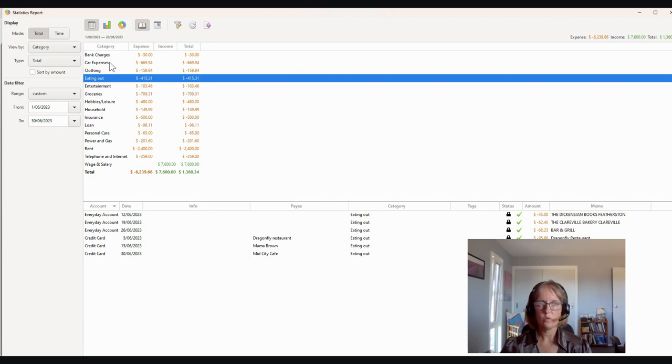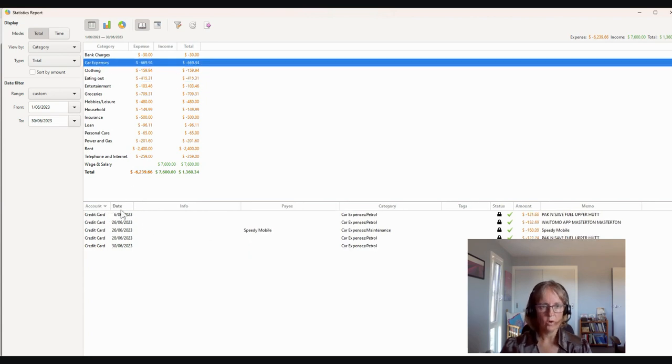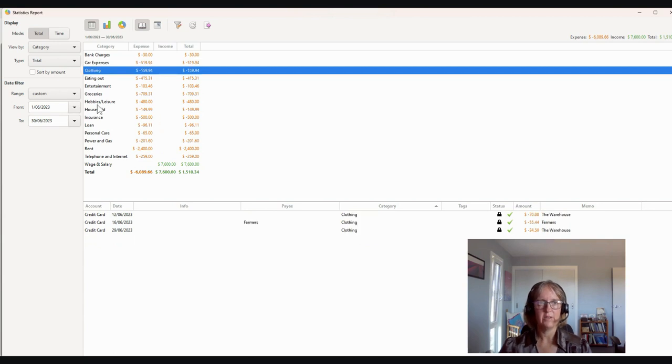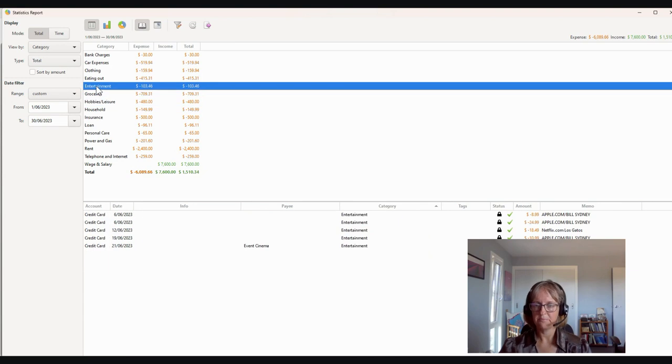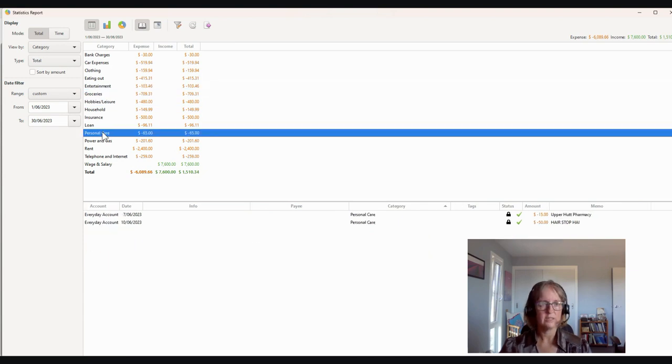And then you can also look at the dates. You can sort it by date from the earliest date in the month to the last date. You can sort by category. So you can say, okay, I want to just look at everything that's petrol, and then there was a bit of maintenance, a one-off incident that happened, and it's not really a normal month-to-month expense. You can get a better idea of what your normal month-to-month expenses are if you exclude some things. So let's see if there are any major one-off expenses.